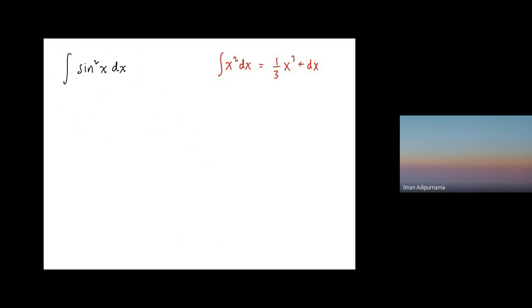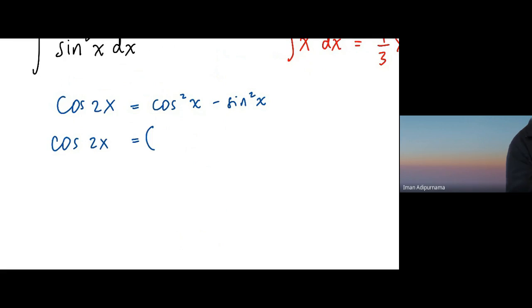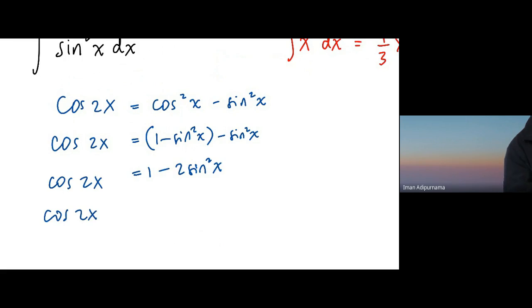The better way, or the safest way to solve this is to exchange this sine squared into the double angle formula. Do you remember the double angle? The cos 2x like this. Or if you have the cosine also, you can use this.